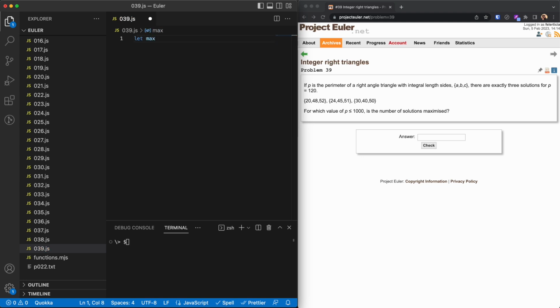I will have two variables: max perimeter, the maximum perimeter that we have found, and max triangles, the maximum number of triangles. This is 0, and this one is also 0.